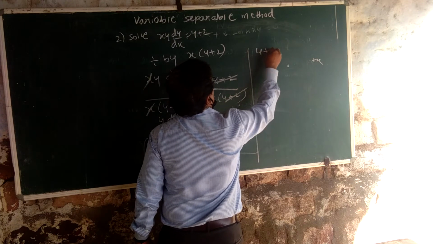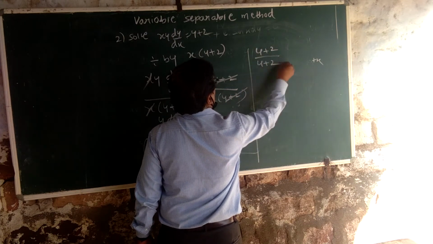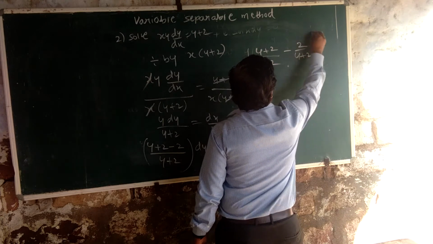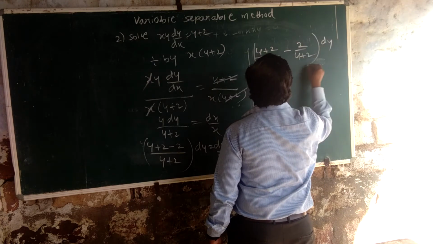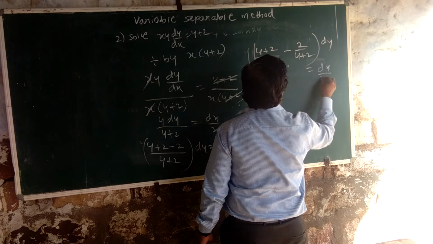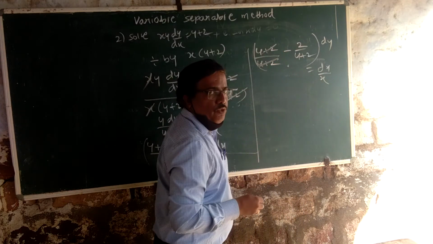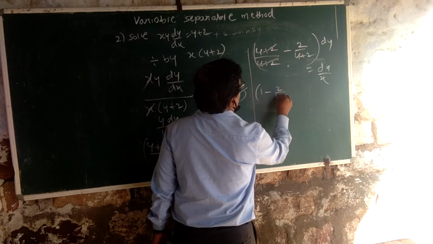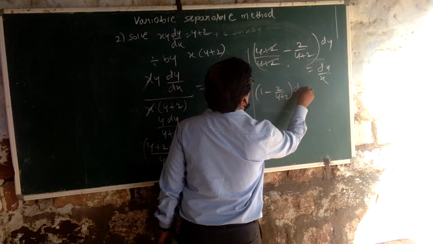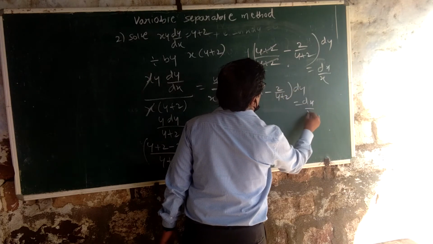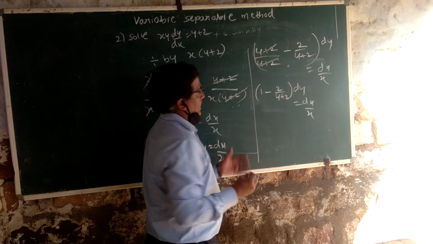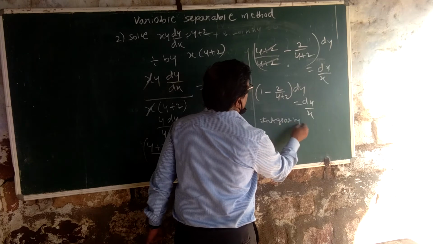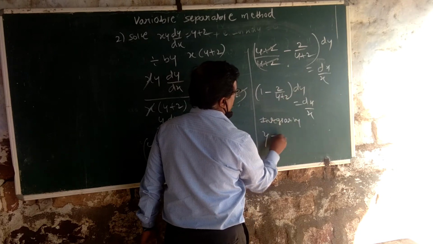So y plus 2 divided by y plus 2 minus 2 divided by y plus 2 dy is equal to dx by x. Now y plus 2 gets cancelled, and it becomes 1 minus 2 by y plus 2 dy equals dx by x. Now integrating, the integration of dy is y.